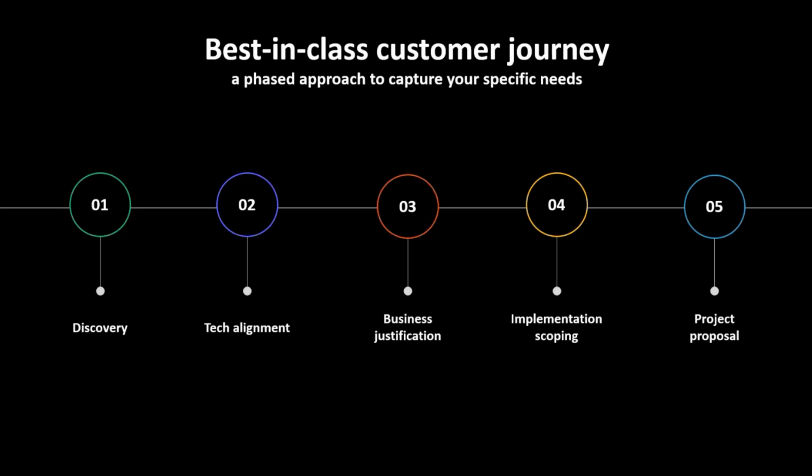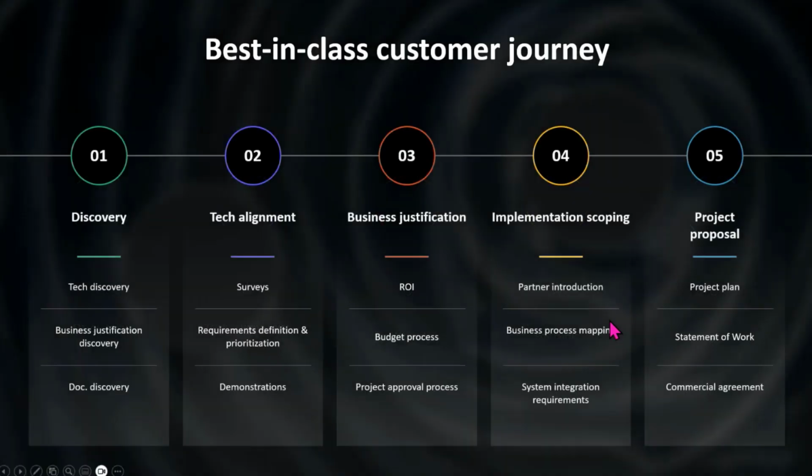So we will run some discovery sessions and tech alignment to align the business justification. Then we will do a bit of implementation scoping to understand and share how we're going to implement this, and then the project proposal. A bit more info: on stage 1, tech discovery, business justification, documented discovery.